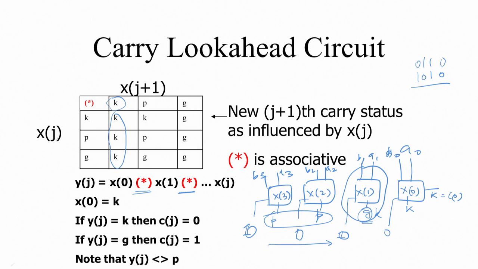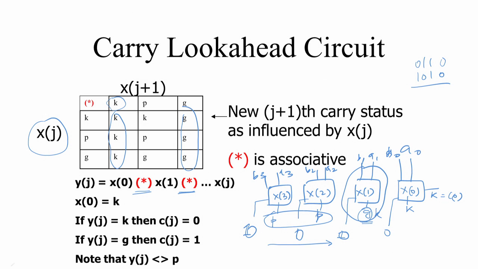So whatever be my status of xj, this operator will just kill. So all that is going to propagate from this point is going to be zeros, right. If my j plus 1 is generate, I do not care about what is happening to my right, all that I am going to propagate from this end is going to be G.